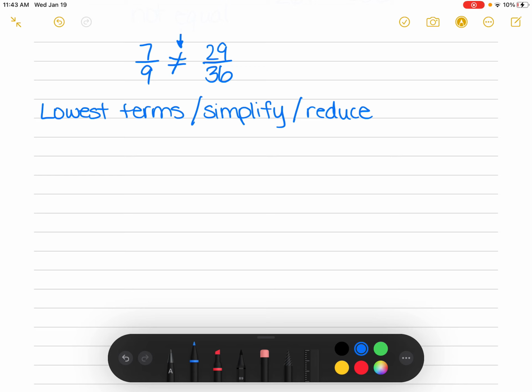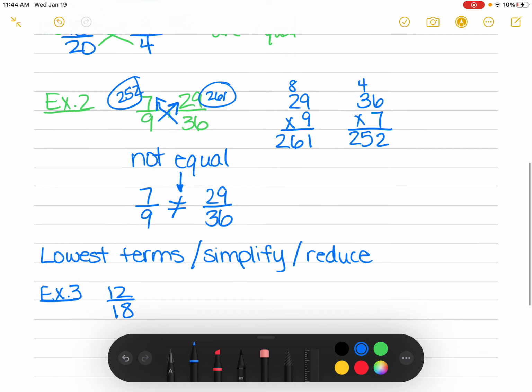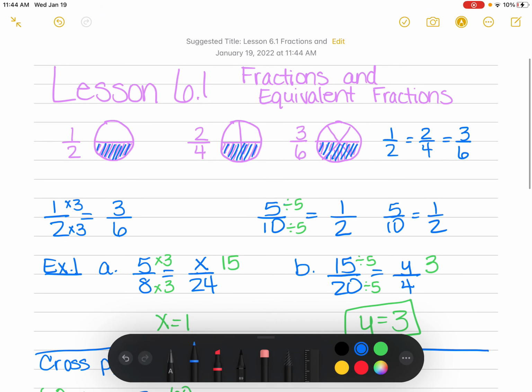All three of these mean the same thing. Just like up here, 3/6 is not the lowest term of all these that are equal. The lowest term would be the 1/2. So I can change 3/6 into 1/2.